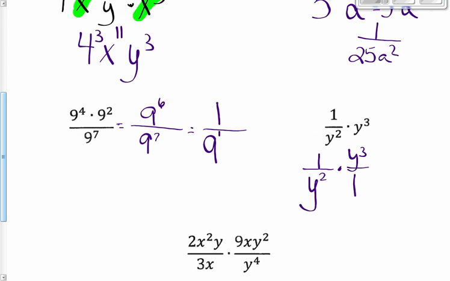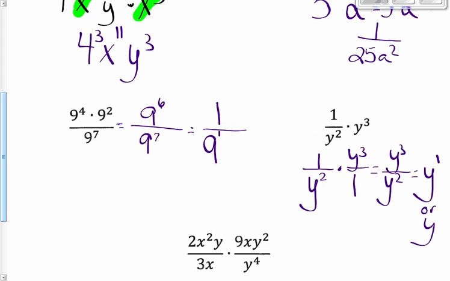And remember, when we write fractions, we put them over 1. So now we can simplify this to look like y to the third over y to the second. And 3 minus 2 is 1, so this would just be y to the first, or plain old y.